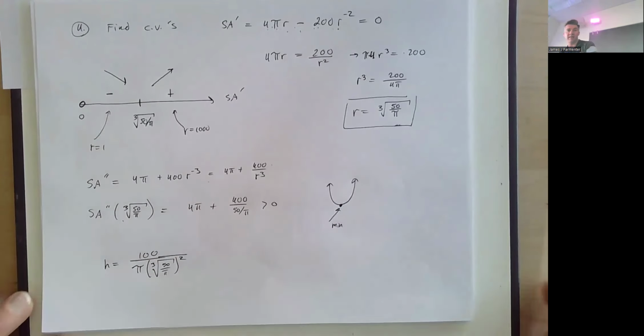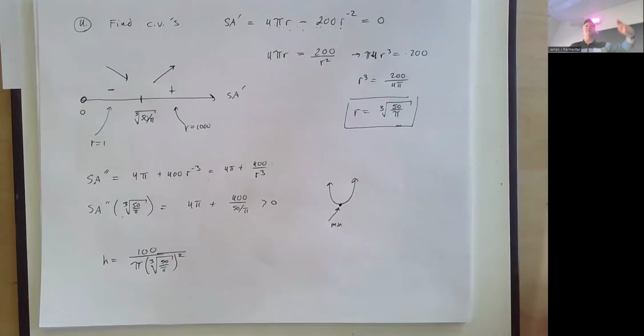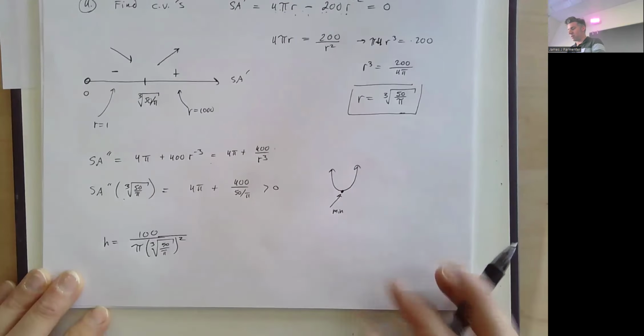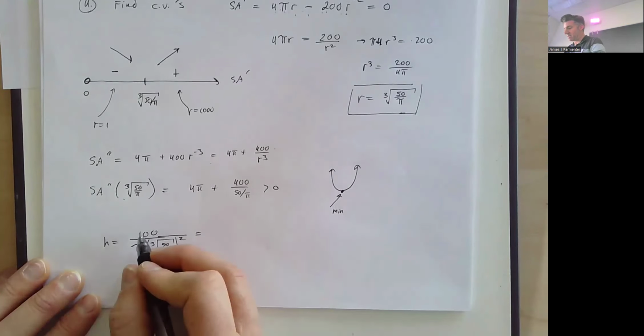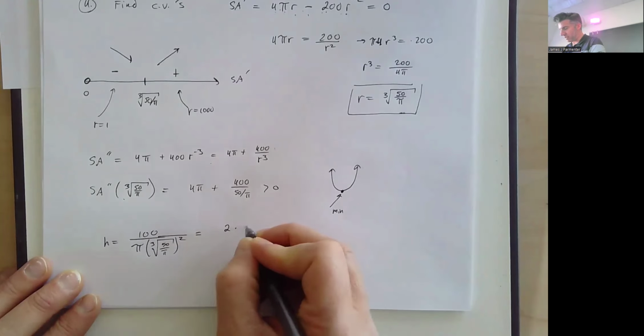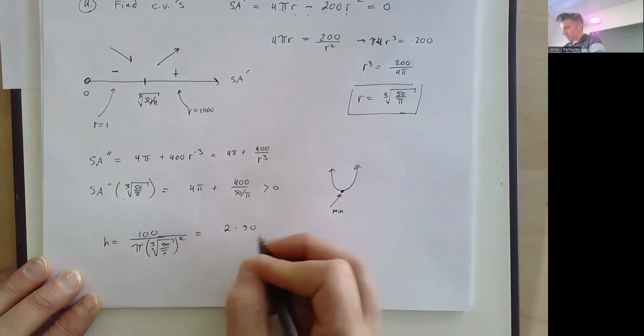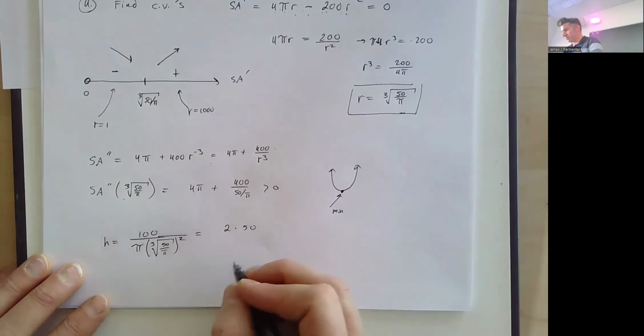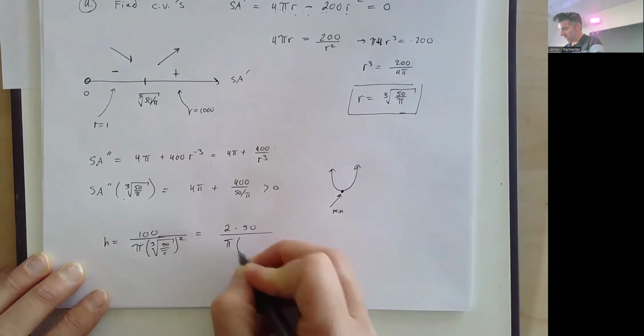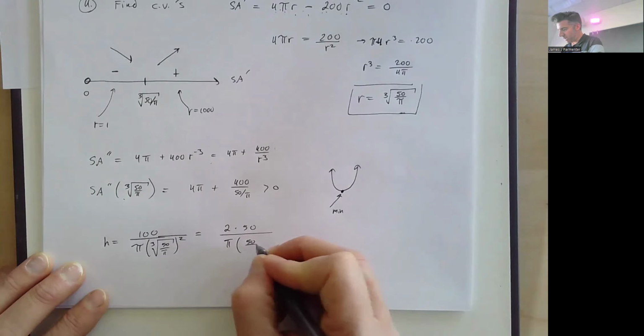And I think it's fine to leave it like this. I do want to simplify it for you just so I can make one observation. I know it looks gross. So let me rewrite this a little bit. I'm going to write 100 as 2 times 50. Then we have 50 over pi to the 2/3 power.